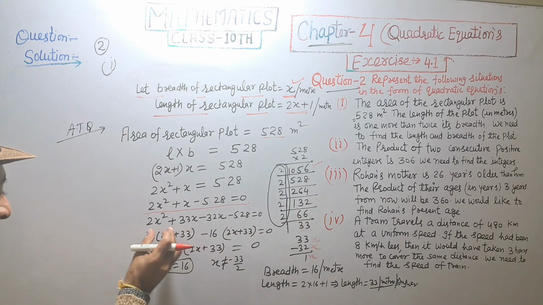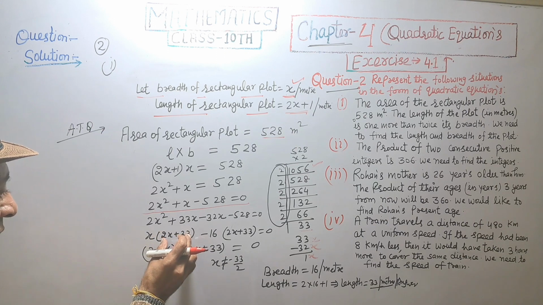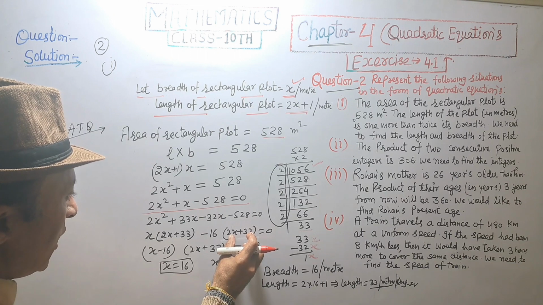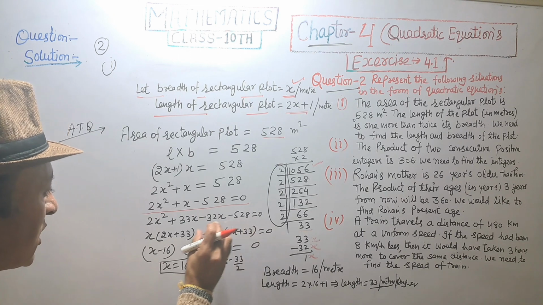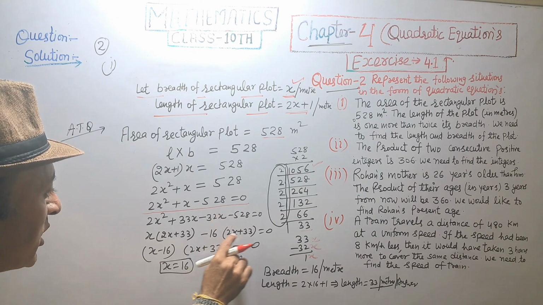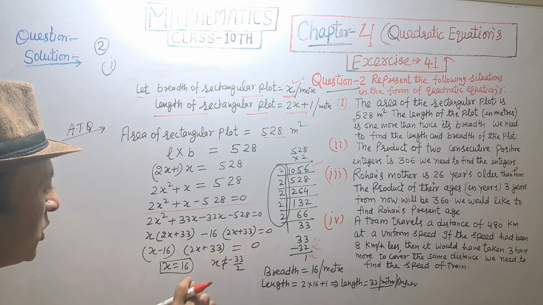So x is taken common, and in the bracket 2x plus 33, and by the same process, bracket into x plus 33 and 16 multiplied by 2 is 32, and 16 multiplied by 33 is equal to 528, equal to 0.